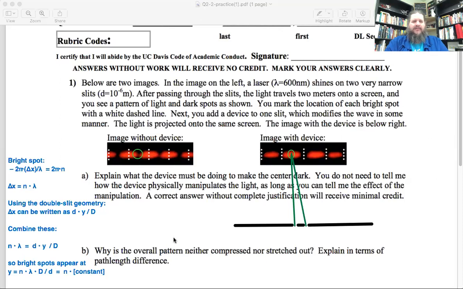But what is that constant? Any integer? That's n. But what's the constant that n is being multiplied by? If we backtrack to where we got that in the first place, what do those values represent?